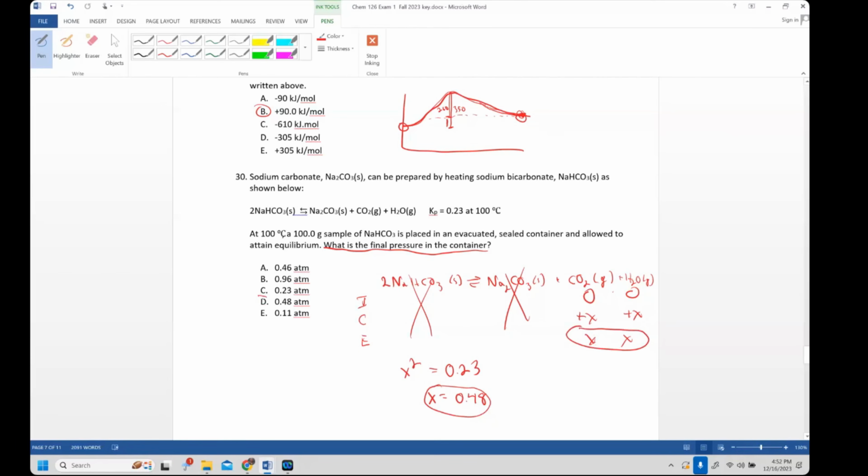Now 0.48 is an answer choice, but that's not the answer. The question is, what is the final pressure in the container? So 0.48 plus 0.48, because there are two gases, the CO2 and the H2O, in the vessel at equilibrium. So the answer will actually be B, 0.96.